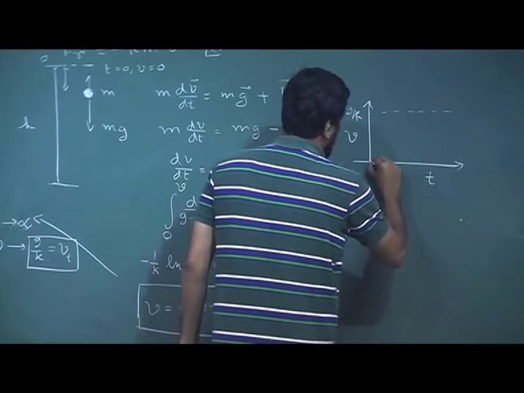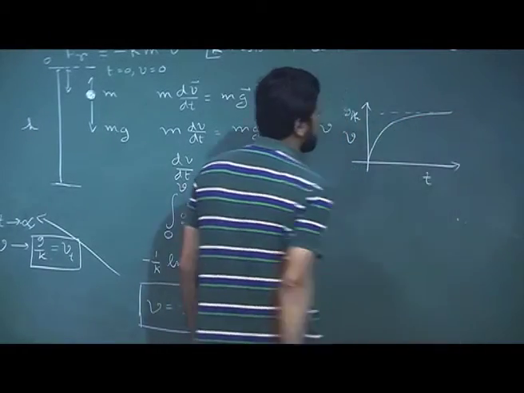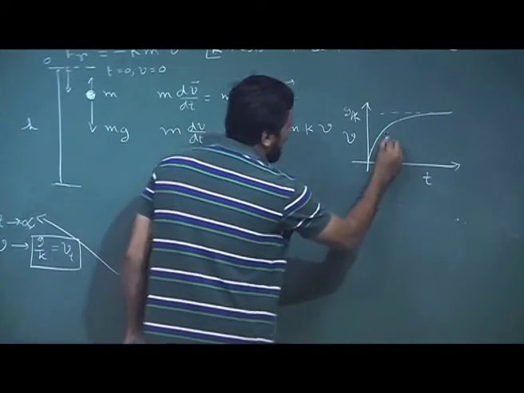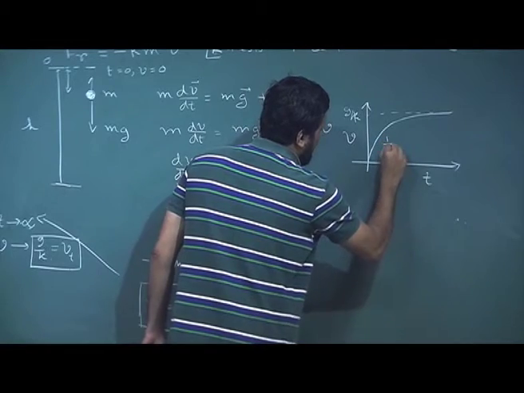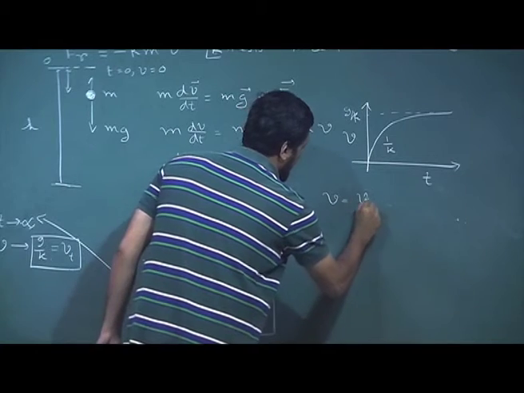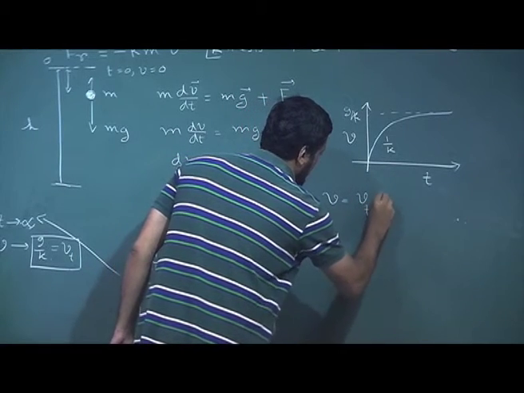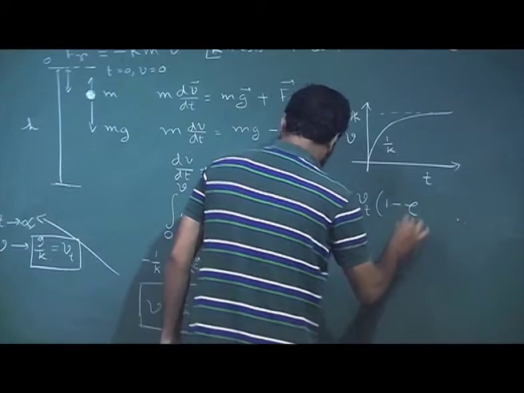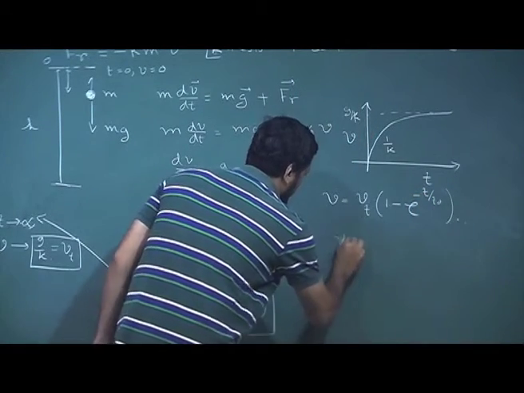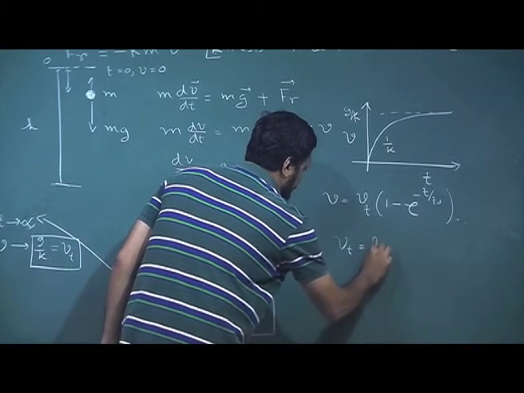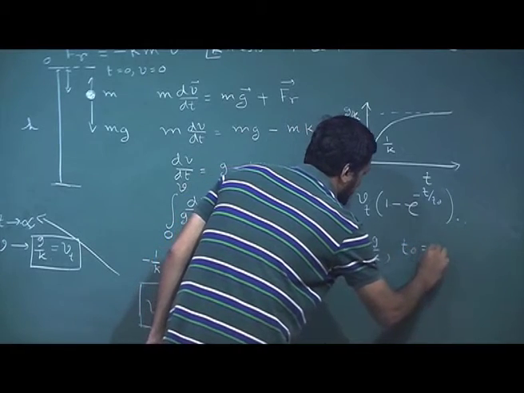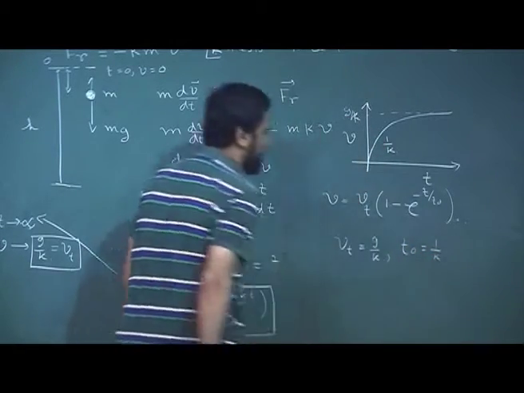Your plot will be something like this, and the time constant for this exponential growth is 1 over k. So I can rewrite this expression as v is equal to vt times 1 minus e to the power minus t by t0, where vt is simply g by k and t0 is 1 over k.